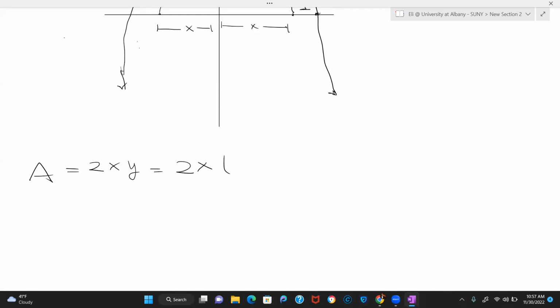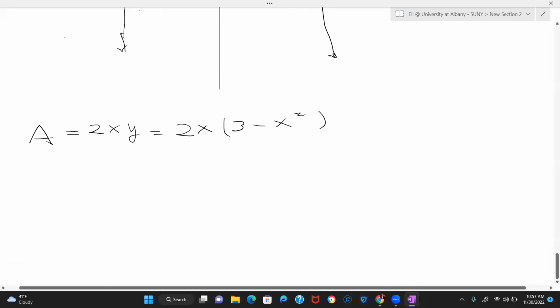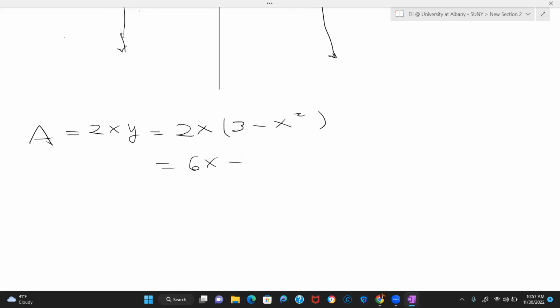But we're dealing with a point on the parabola, so y is equal to 3 minus x squared. So it's 6x minus 2x to the third.